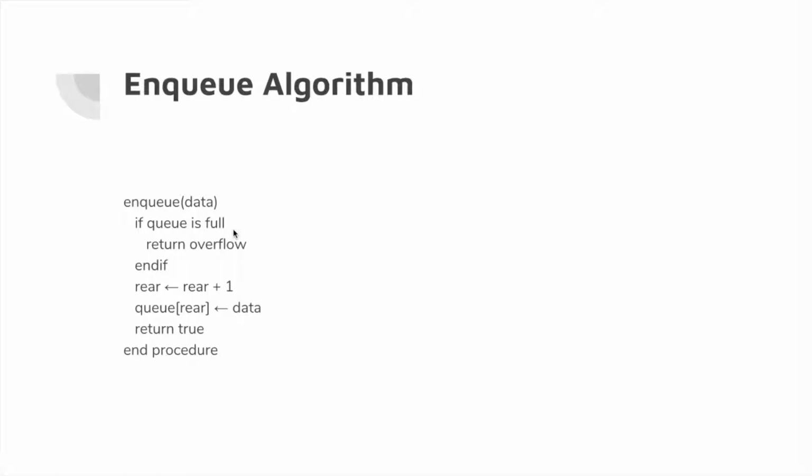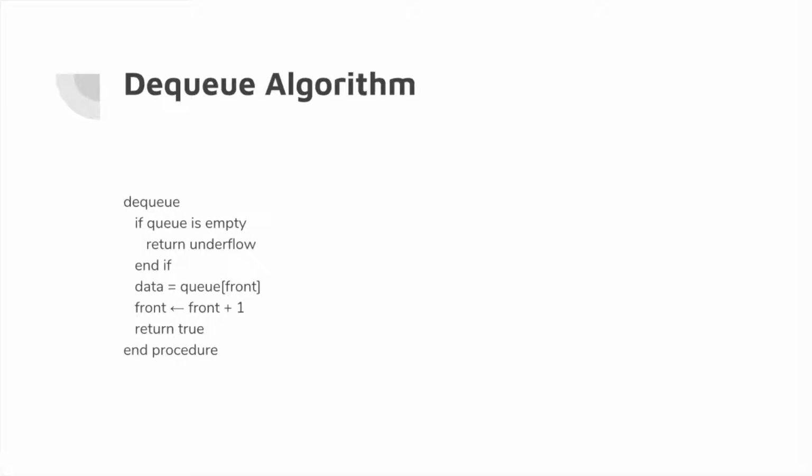If the queue is full, we will return an exception, and if it is not full, we will go down to the next step. Here we are incrementing the rear value by 1, and to that index we are storing the data in the queue, and we are returning an acknowledgement that the data has been added to the queue, and we are ending the process.